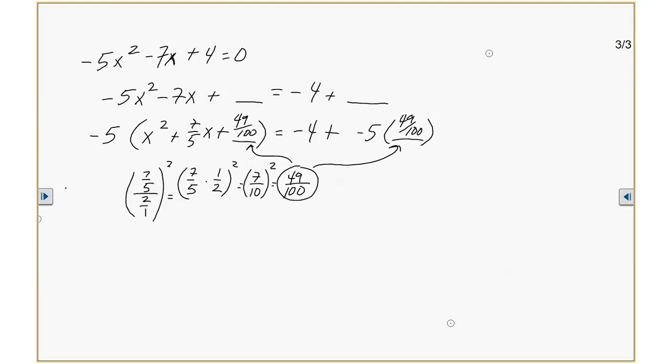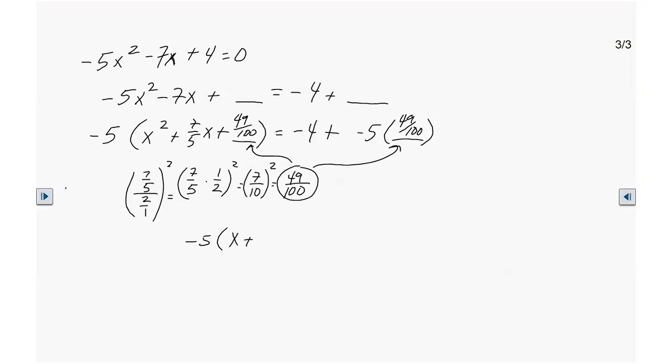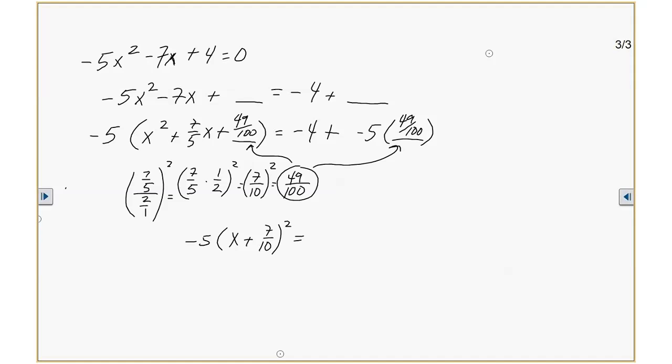So that'll give us shortcut number 1: negative 5 times x plus 7/10 quantity squared is equal to, well, 5 will go into 100 how many times? 20.